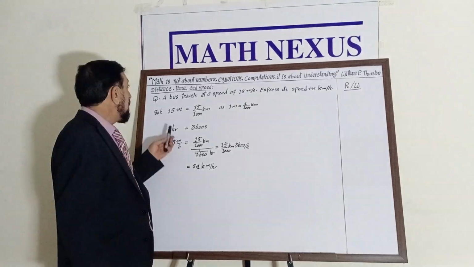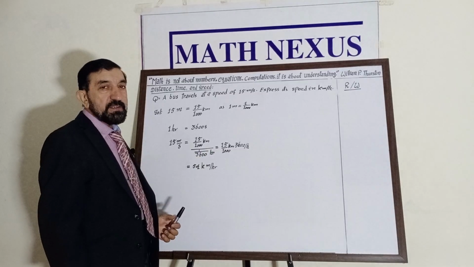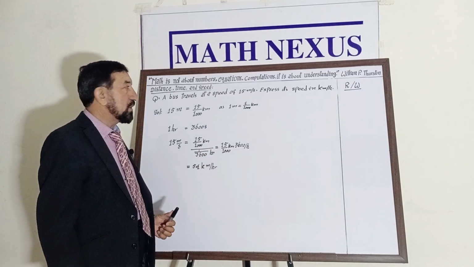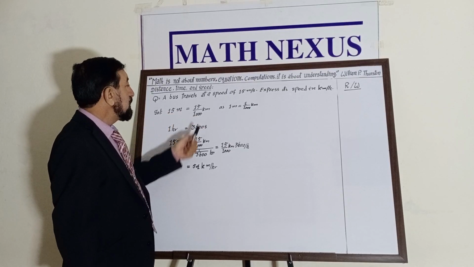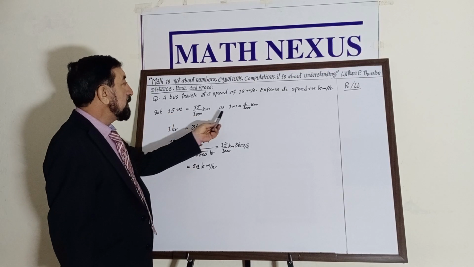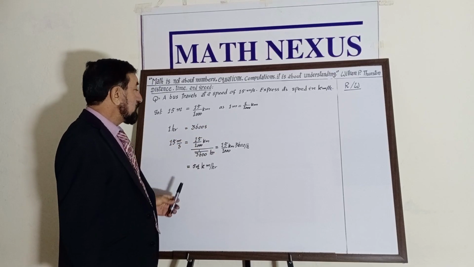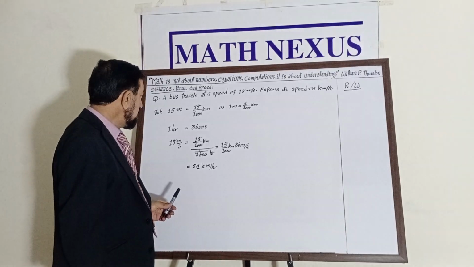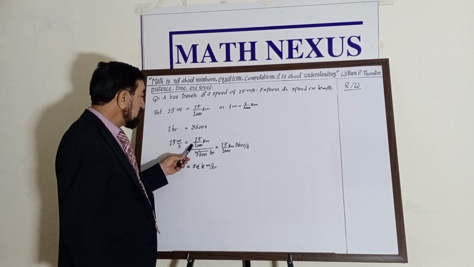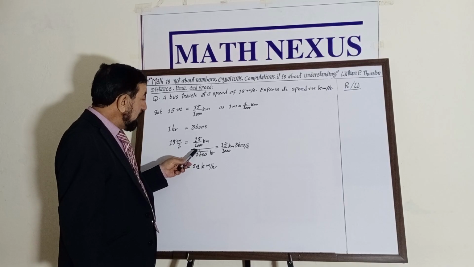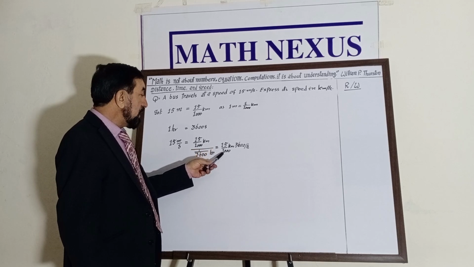Look at the question. A bus travels at a speed of 15 meter per second. Express its speed in kilometer per hour. As 15 meter is equal to 15 upon 1000 kilometer, as 1 meter is equal to 1/1000 kilometer, and 1 hour is equal to 3600 second. 15 meter per second can be written as 15 upon 1000 kilometer upon 1/3600 hour, or this is equal to 15 into 3600 upon 1000.